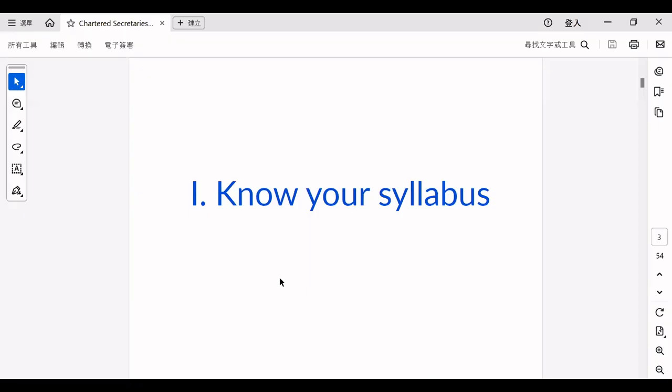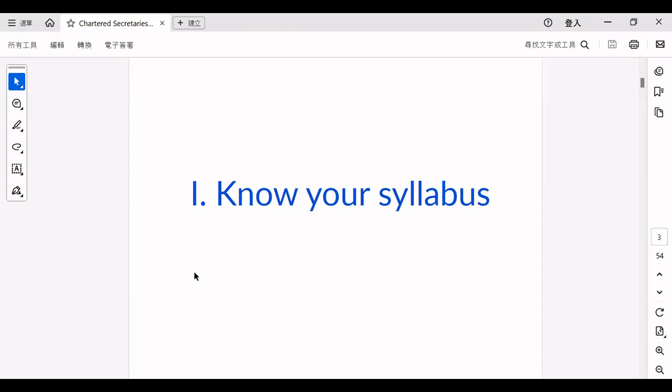They don't read it word by word, and they just read the study guide or their own notes, and they don't quite understand what is required from them when they are candidates sitting in the examinations. So let's take a very brief look at the syllabus first, before we proceed to do other things.